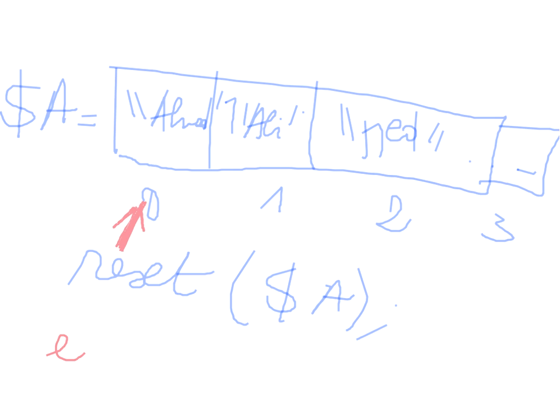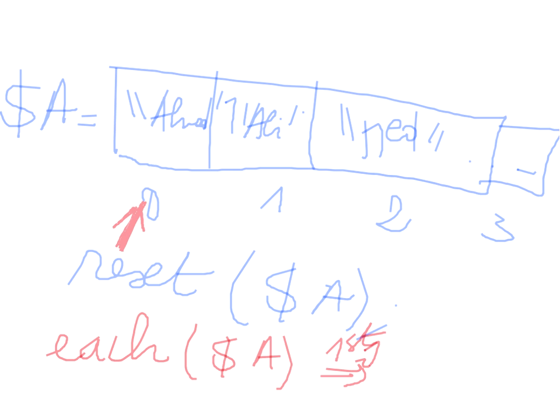So if I write each $A in the first iteration, it returns a list with 0 as the first element and Ahmad as the second element.